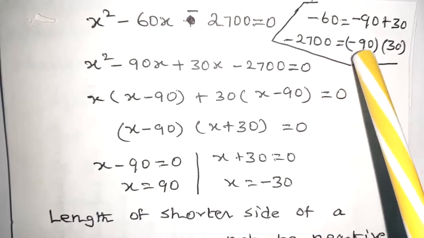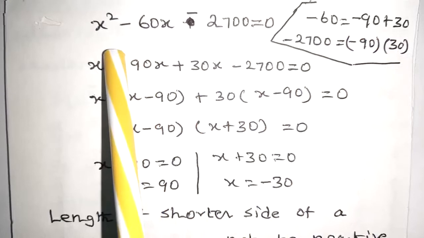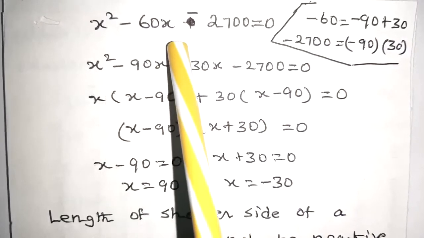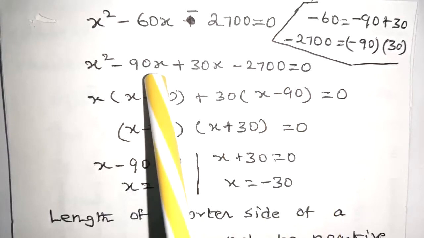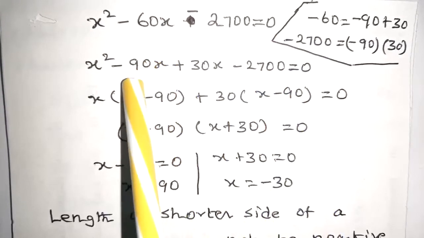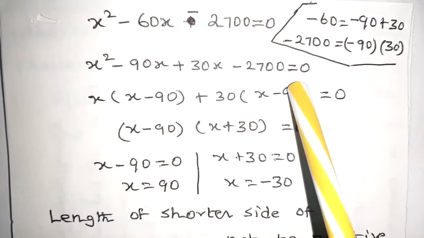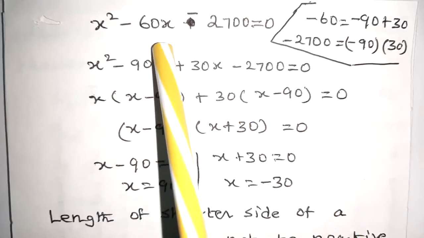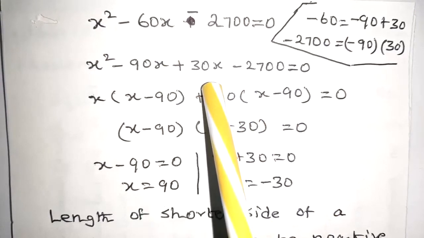This is the product and this is the sum. Therefore, the given quadratic equation x square minus 60x minus 2700 equal to 0 can be written as x square minus 90x plus 30x minus 2700 equal to 0. That is minus 60x can be written as minus 90x plus 30x.